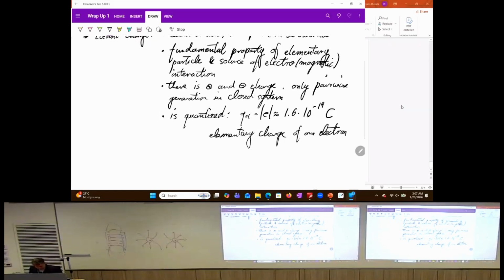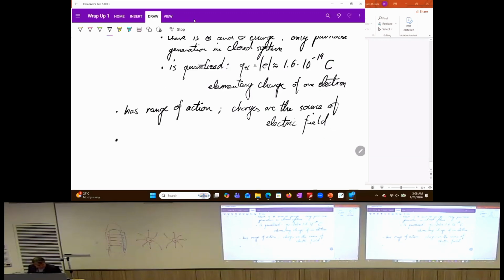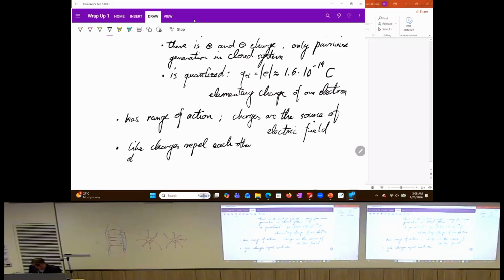What other properties does the charge have? It has a range of action, and that range we have seen is described by the Coulomb law. The charges are also the source of the electric field. We also know that like charges repel each other and unlike charges attract each other.